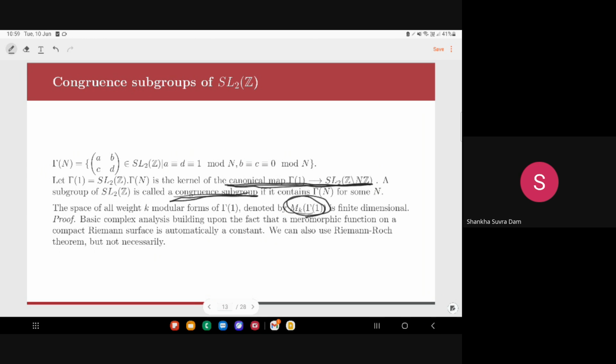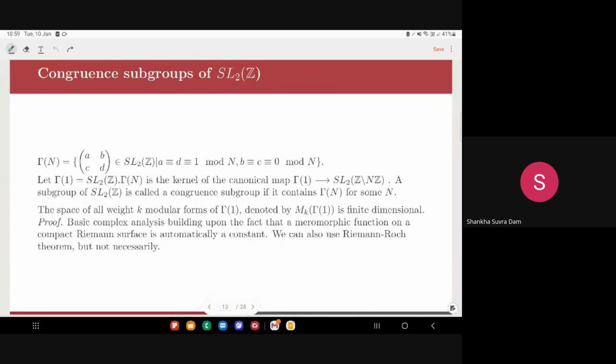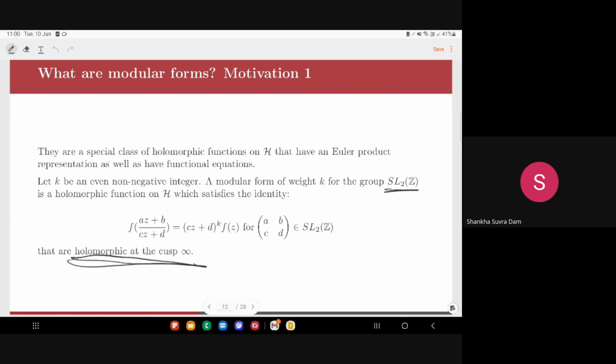a finite dimensional vector space. There's also a nice property that these things over here are defined by this formula, right? And they have to be holomorphic at a cusp.